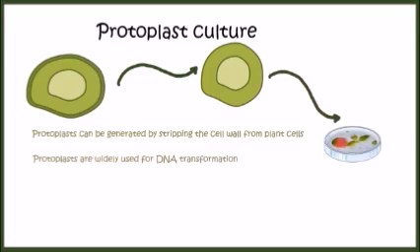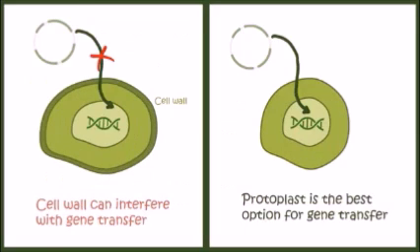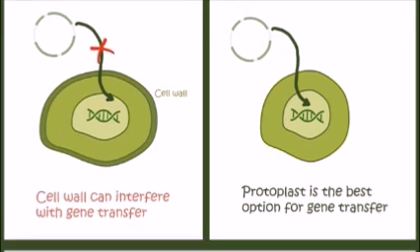Protoplasts are widely used for genetic manipulation in plants because incorporating genomic DNA or plasmid DNA into a plant cell is very difficult due to the cell wall. Once the cell wall is removed, it is kind of easy to get the DNA of your choice inside this plant cell. So protoplast preparations are actually used by plant scientists for genetic manipulation.